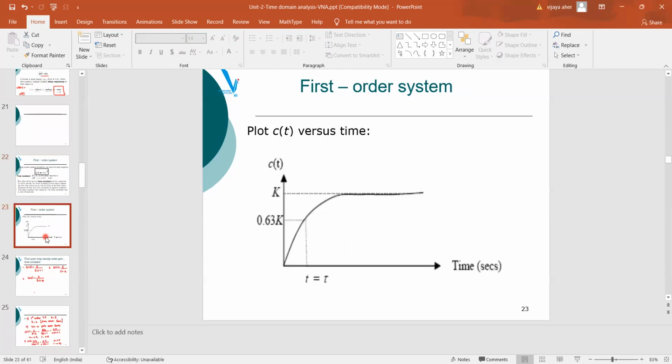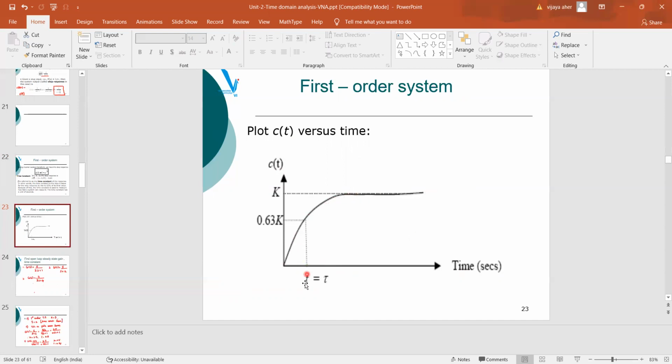Now see the response for first order system. This is the step response of first order system in time domain. So you are going to plot this C(t) by using Scilab code for first order system. On x-axis, time is taken, in seconds. On y-axis, output is taken, which is C of t. And this is the step response for first order system.